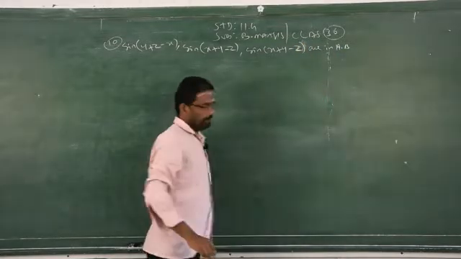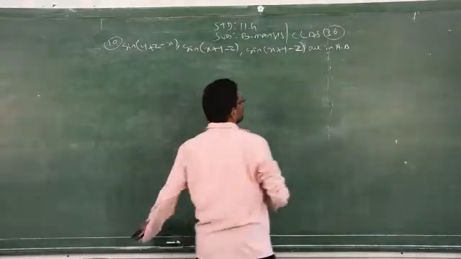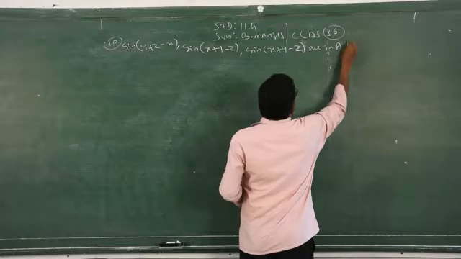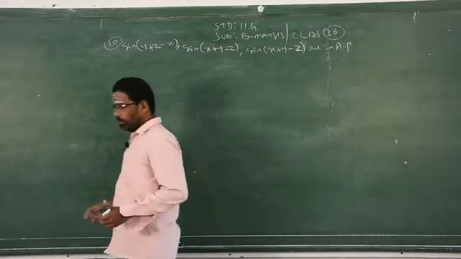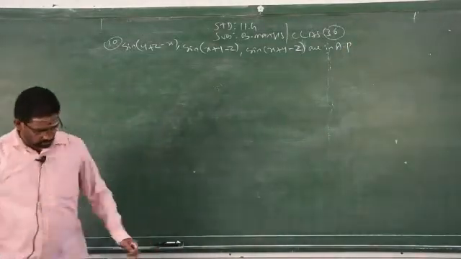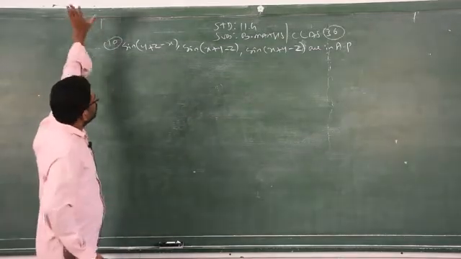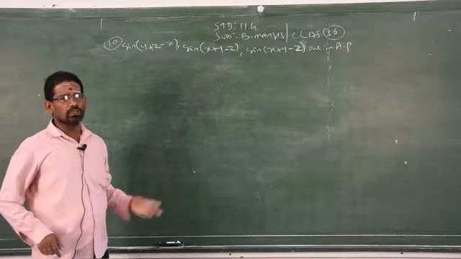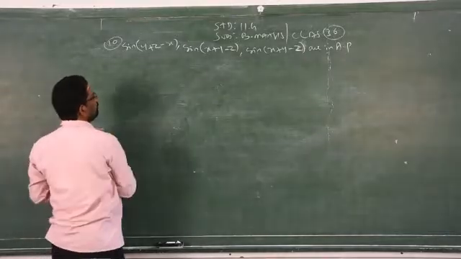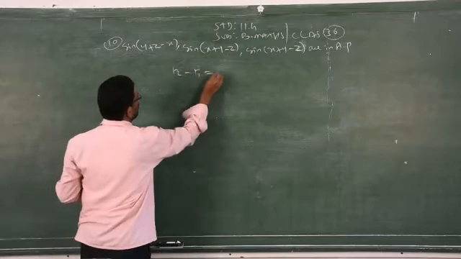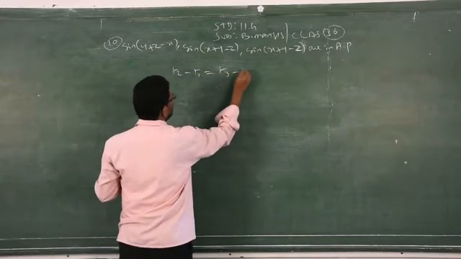It is given in AP format. You have to show that tan x, tan y, tan z are also in AP. So it is given AP. AP means you know the general formula for AP is T2 minus T1 is equal to T3 minus T2.